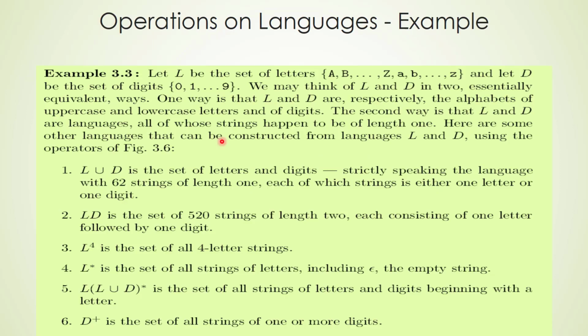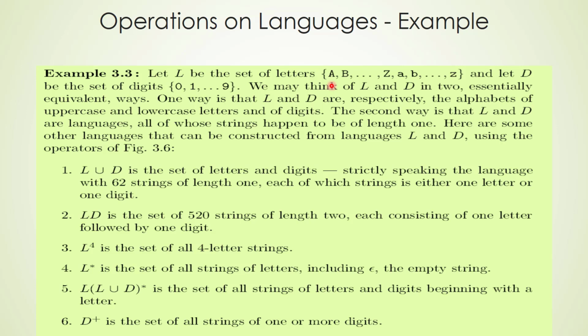This is an example for operations on languages. Let L be the set of letters A, B up to Z and small letters a, b up to z, and D be the set of digits 0, 1 up to 9. So here I have two languages, L and D. L contains 52 strings and D contains 10 strings.